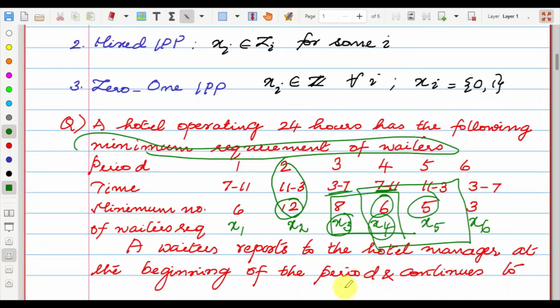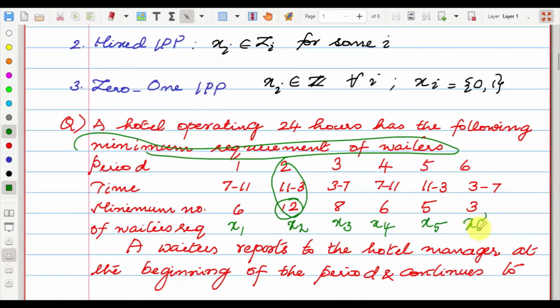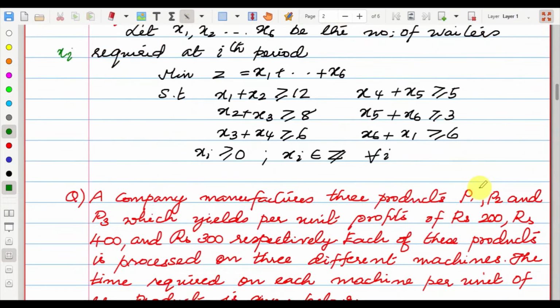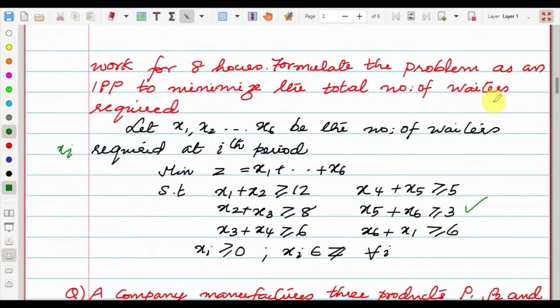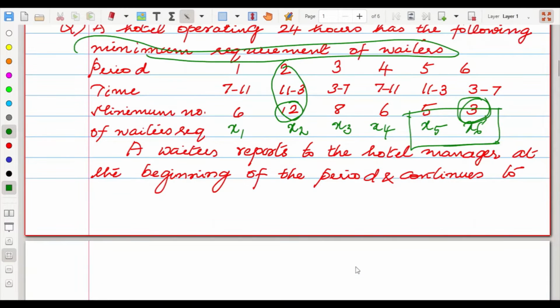Okay, next case. Next we need to consider this time period. So x5 plus x6 will be greater than or equal to 3. So finally, between 3 to 7, we need to consider this between 3 to 7 and 7 to 11.